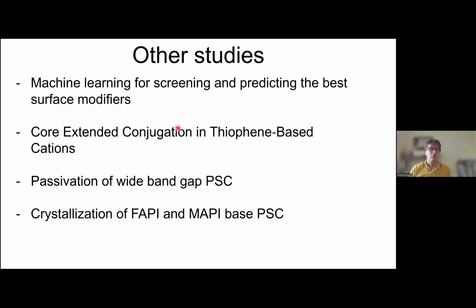We also studied other molecules, for example, multiple thiophene-based cations in the inverted structure, basically to avoid the formation of a low-dimensional perovskite. We also observed the passivation in a different perovskite, the wide bandgap, for example. And finally, we studied the crystallization of FAPI-based and MAPI-based perovskite to get a better reference and so enhance our result.